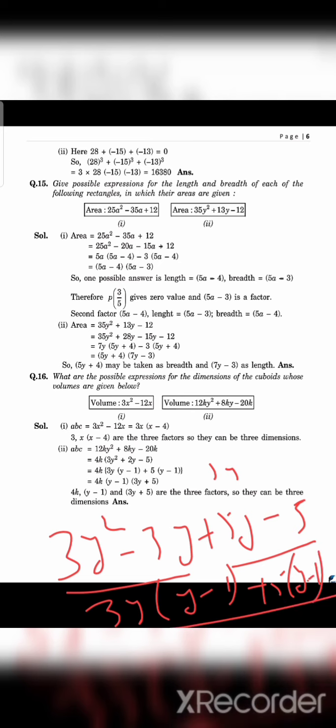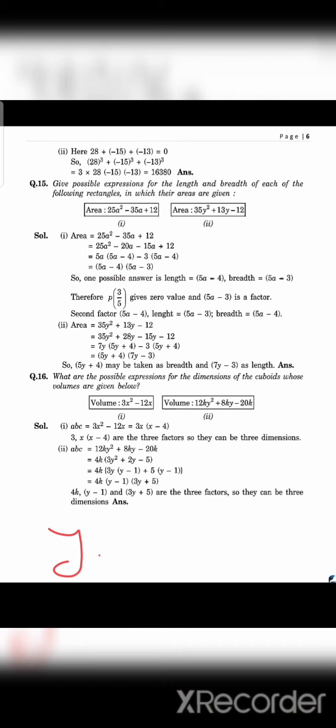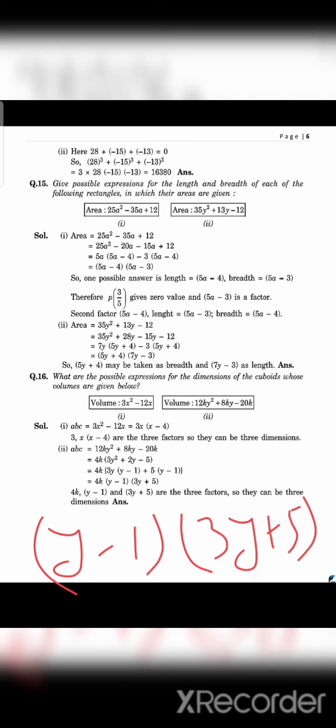So in the whole expression we take out y minus 1, then the rest bracket term is 3y plus 5, and the factorization of our polynomial is 4k into y minus 1 and 3y plus 5.